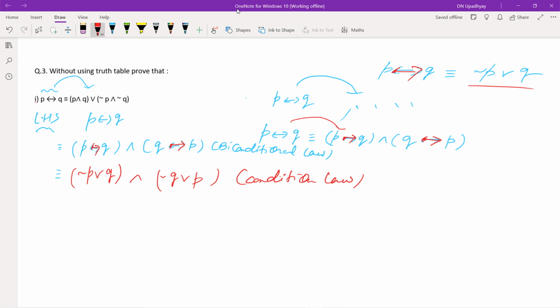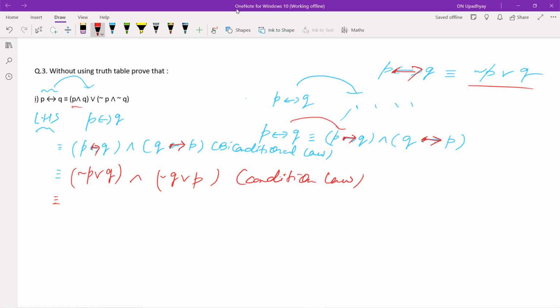So by the conditional law, with the help of this law, we are now approximately moving towards the right hand side. At least we have got four terms, the first term is P and Q, and here P or Q. Okay, we will convert that, but at least we are moving towards the right hand side.